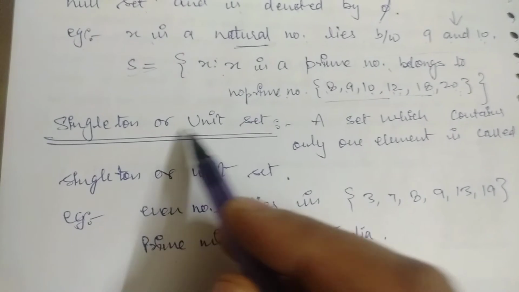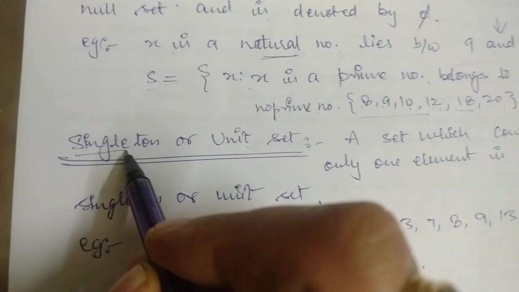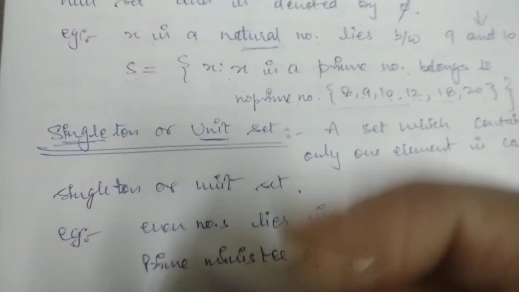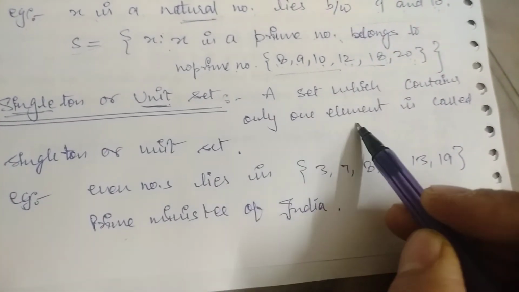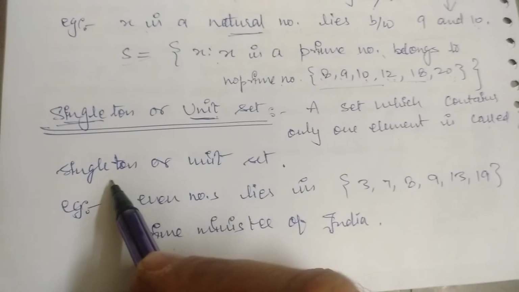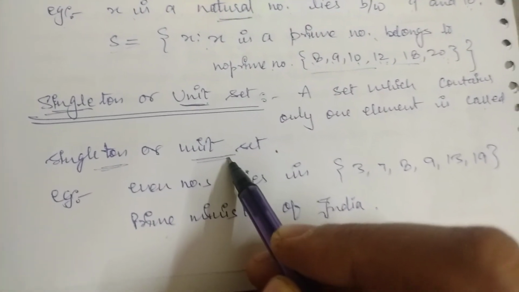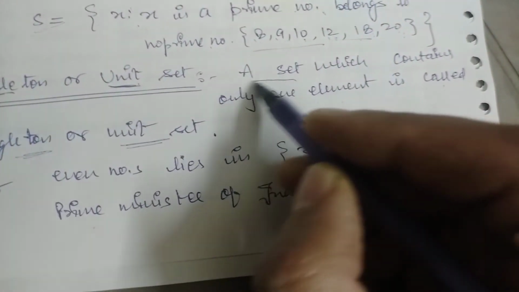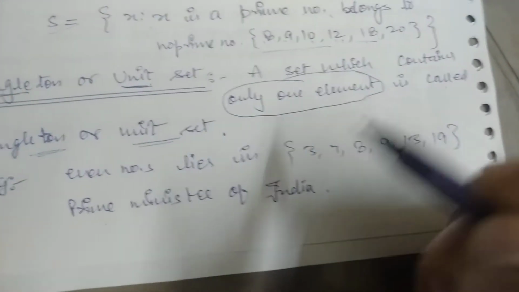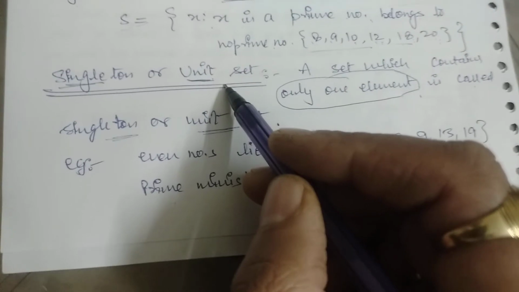Again, the singleton or unit set. Single or unit means one. So a set which contains only one element is called a singleton or unit set. तो जिसमें सिर्फ एक ही एलिमेंट होता है, that contains only one element, then it is called a singleton or unit set.